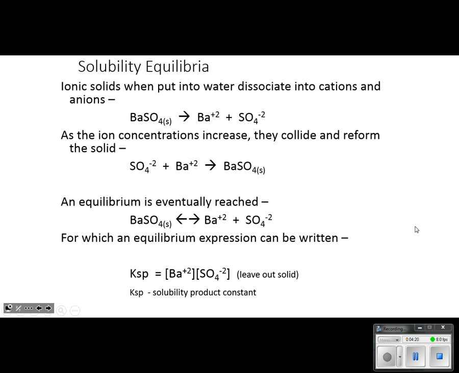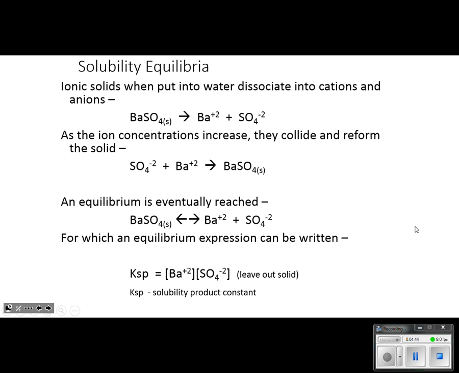Now, there are a couple of different things that you can do with solubility equilibria. We can solve for KSP, which we're kind of used to doing already. And we can also solve for solubility. And what you need to remember is that word solubility also means molarity. So let's make sure we jot that in somewhere here.